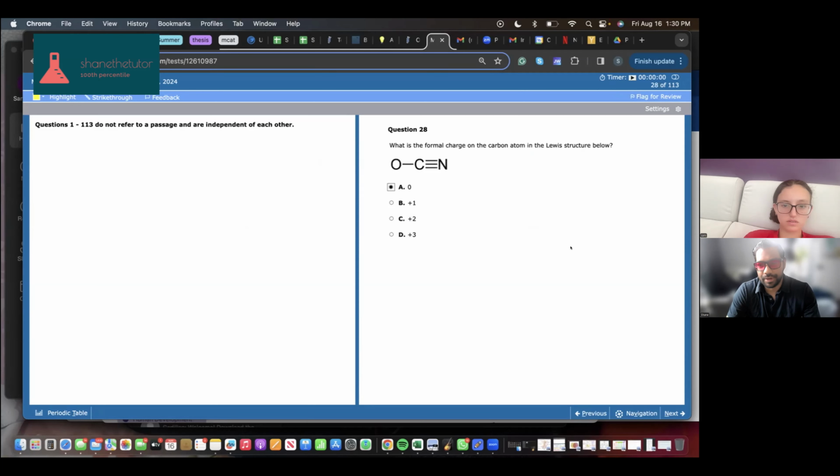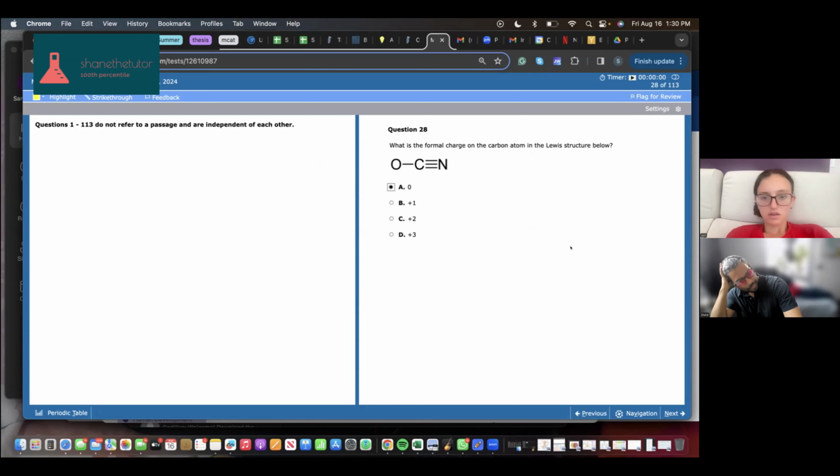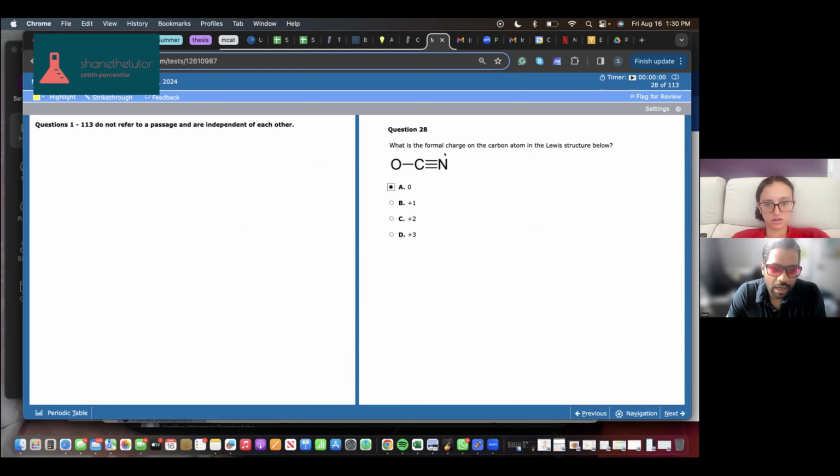Formal charge is kind of the same thing, but you have the right idea here. There's one pair of valence electrons on the nitrogen because there's three.